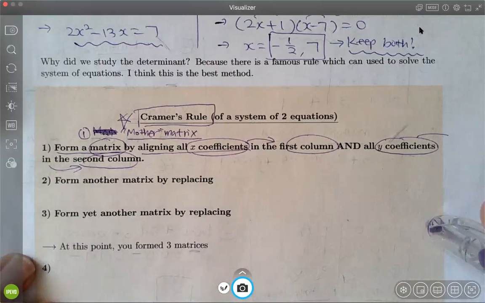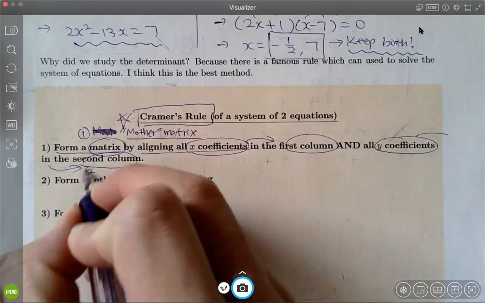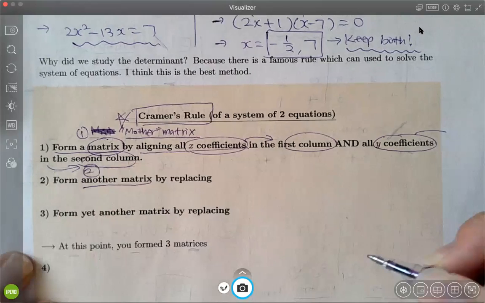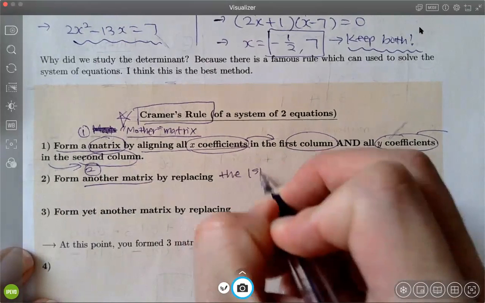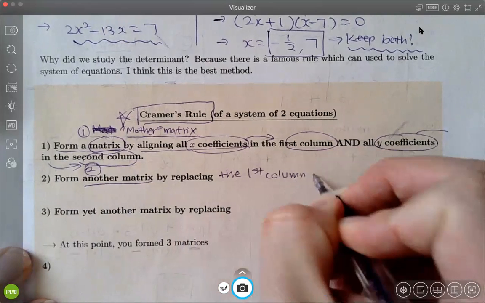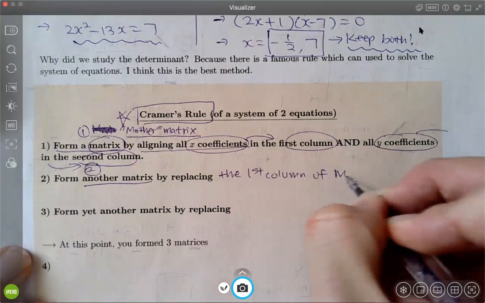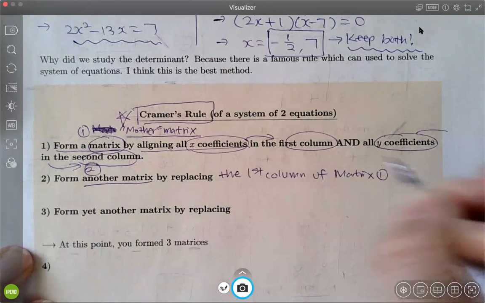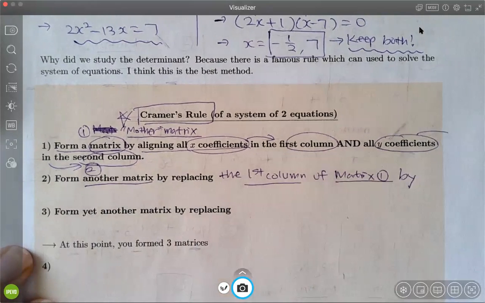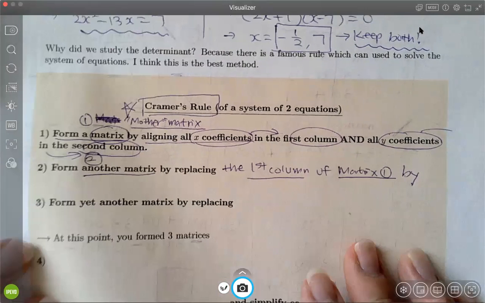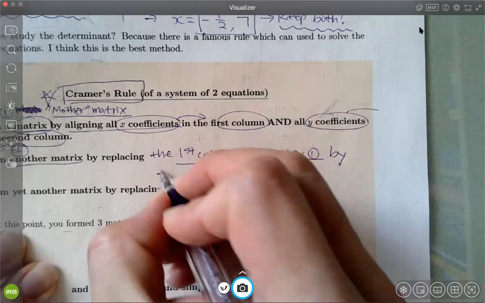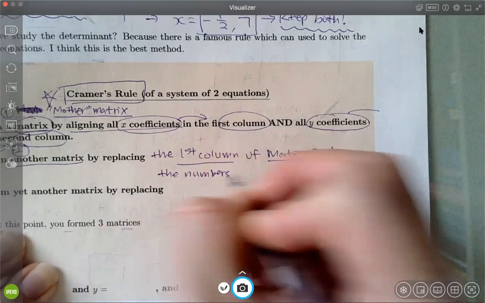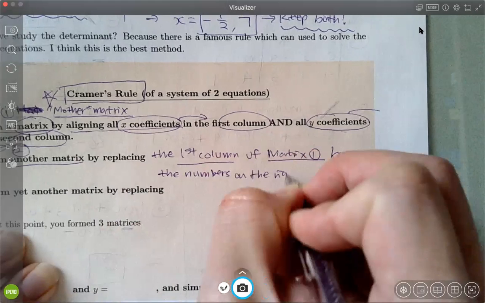And now, form another matrix, matrix number 2, by replacing the first column of matrix 1, the mother matrix, by the numbers on the right.